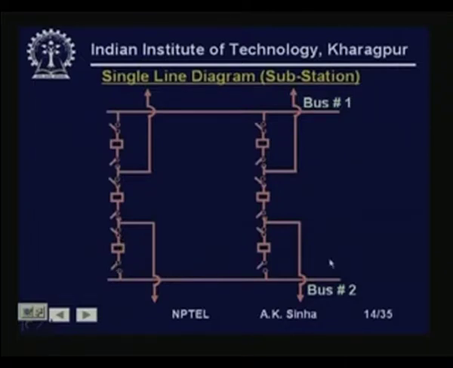So, this is how we represent a power system network using single line diagram. This is much simpler, much easier to understand because it is showing you the relative interconnection of the various components, and it is much more simplified and easy to see and draw.